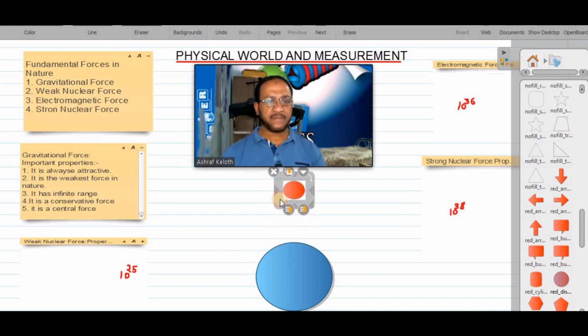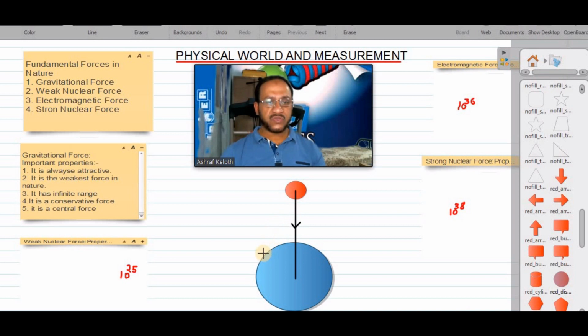The reason is that the force between the apple and the Earth is acting along the line joining the center of the apple to the center of the Earth. So this gravitational force acts along the straight line joining the center of the apple to the center of the Earth. And such forces are called central force. And gravitational force is a central force also.